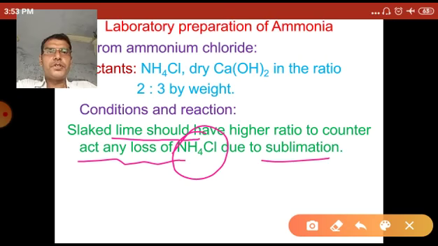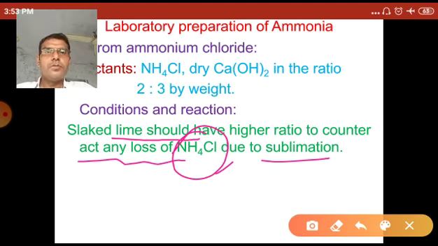So to counteract the loss of the ammonium chloride, slaked lime should be in a higher ratio, because during the sublimation of the ammonium chloride, the slaked lime should also be lost along with the ammonium chloride.